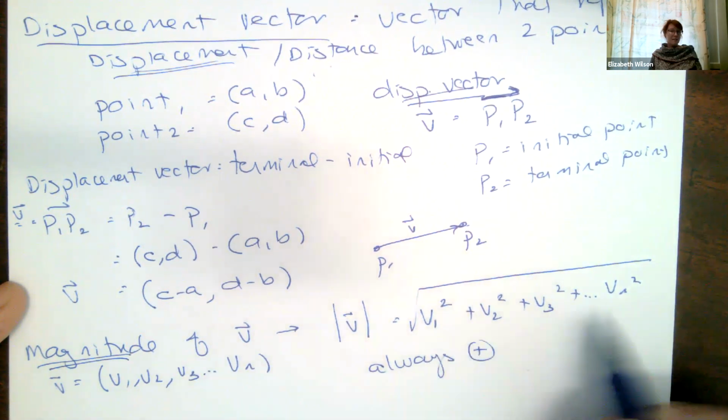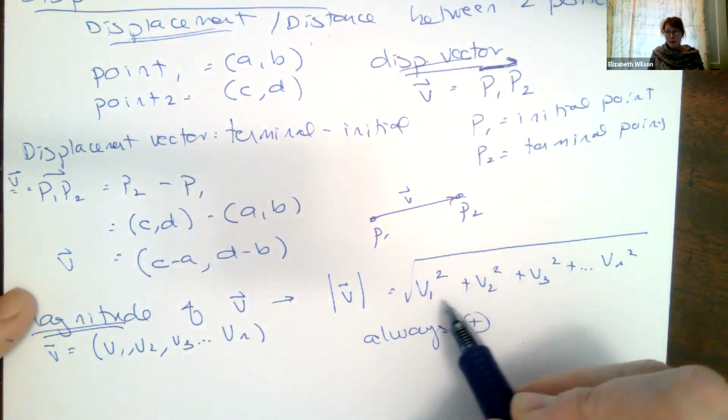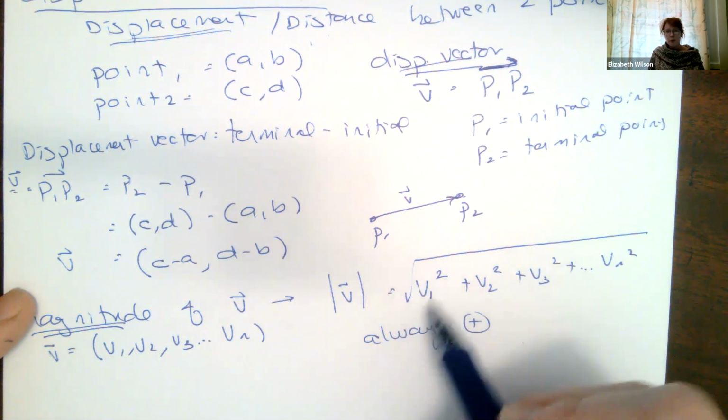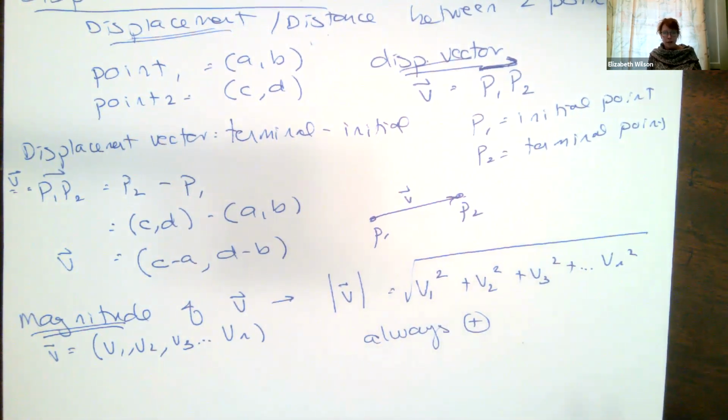If you get something negative inside your radical, or you think the magnitude is going to be an imaginary number, it probably means your calculator misled you. If one of your components is -4 and you type -4 squared into your calculator, it does the exponent first, so I get 16, and then multiplies by -1, giving -16, which is not what I wanted.